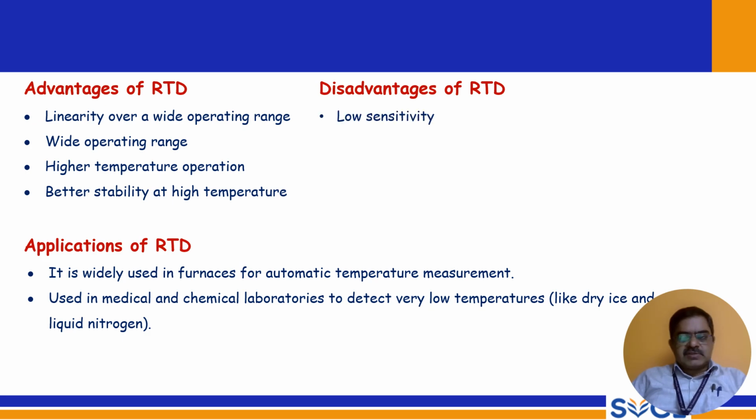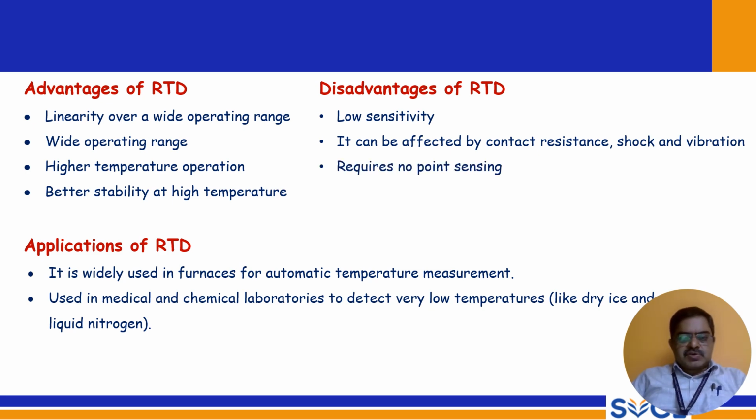So disadvantages are low sensitivity. It can be affected by contact resistance, shock and vibration, requires point sensing, and has higher cost than other temperature transducers. These are the disadvantages of RTDs.